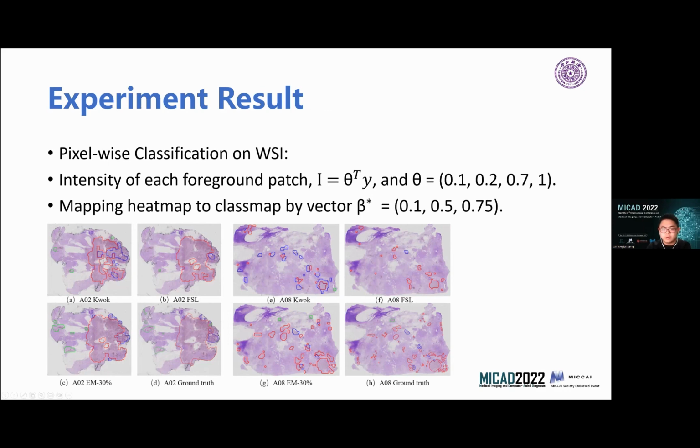However, for small areas of cancer, all of these methods usually fail. We can see here, as an example, the invasive tissue in the A08 slide, which has a lot of small cancer areas. Only our method can successfully detect and classify them.